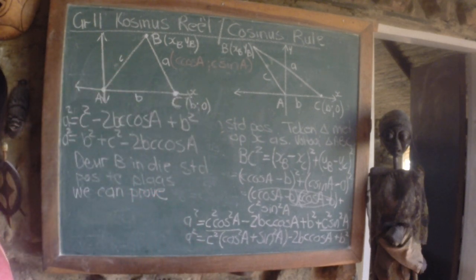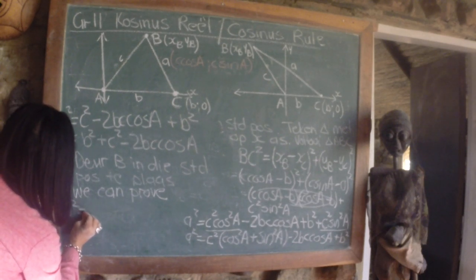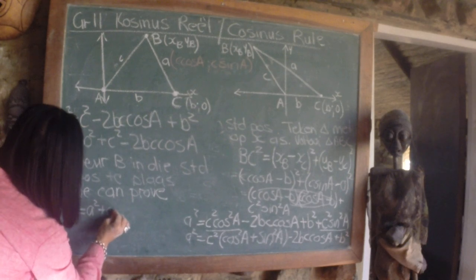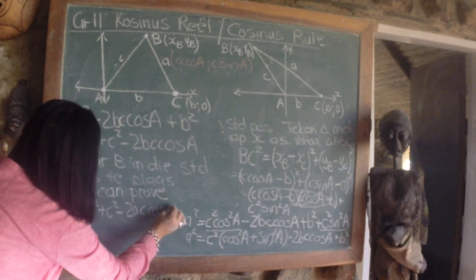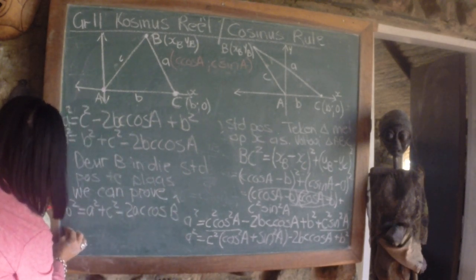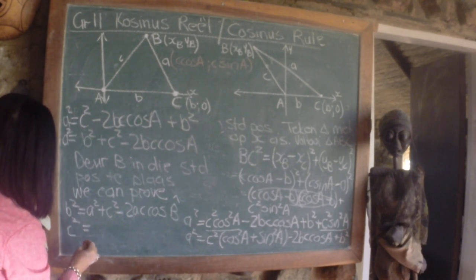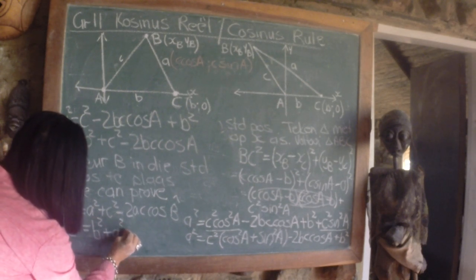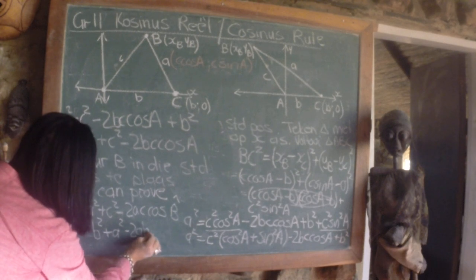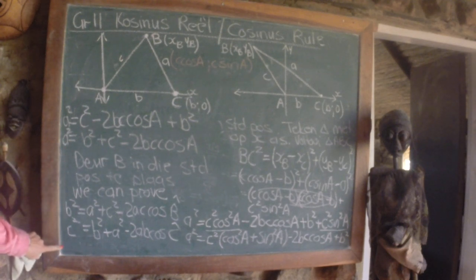To put B in the standard position, we can also now prove that b squared equals a squared plus c squared minus 2ac cos B. And I can also prove that c squared equals b squared plus a squared minus 2ab cos C. And there are all three of my cosine theorems that I must know.